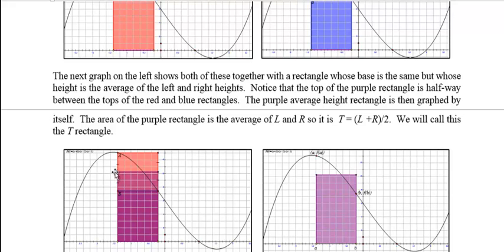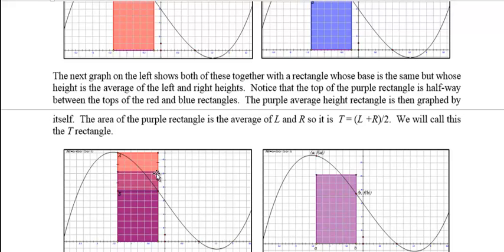We're just drawing the height of the rectangle halfway between the blue height and the red height, from the top part down to this midway point, and then we do the same thing on the other side. So all four of these little segments are the same length.